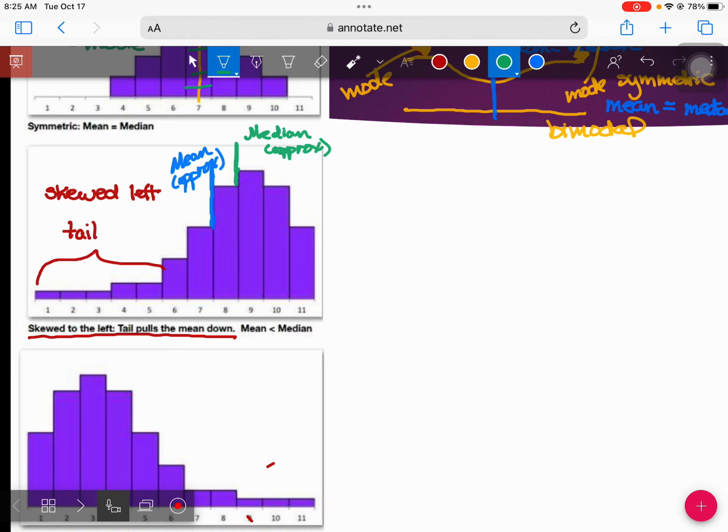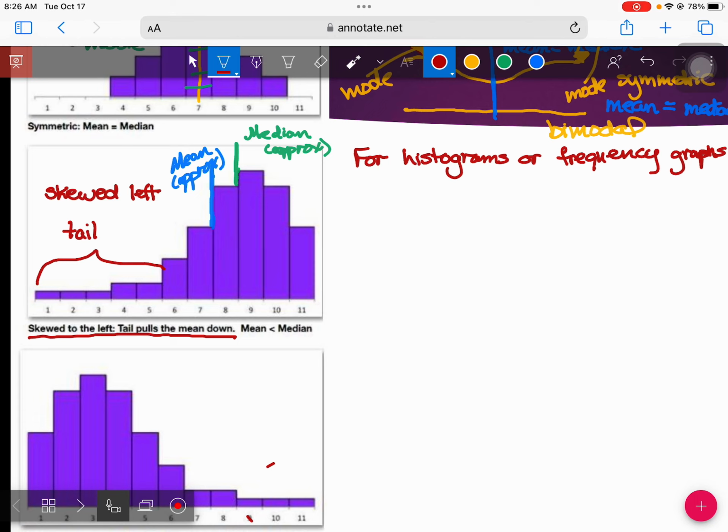So, in this example, we are going to say for histograms or frequency graphs, Jamar, you might want to write some of this.